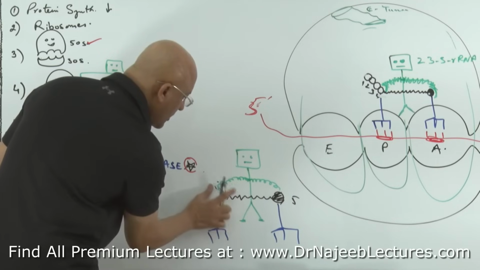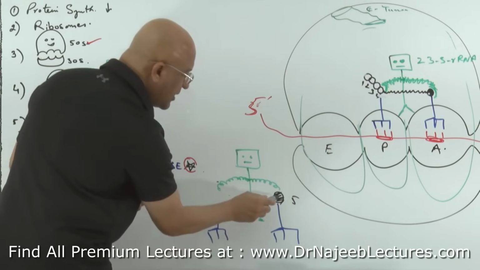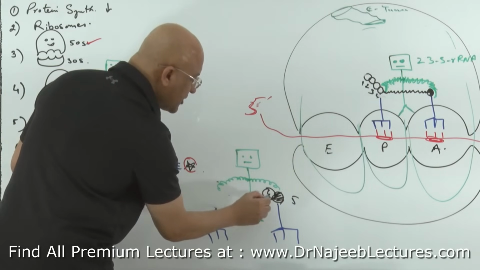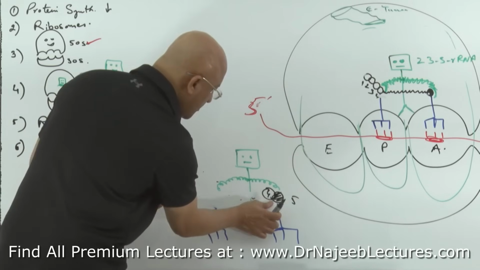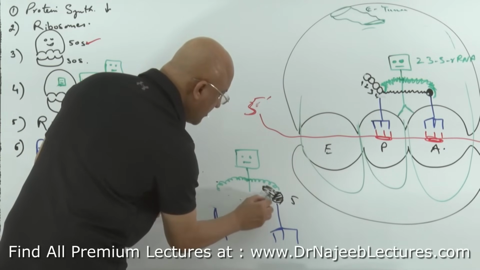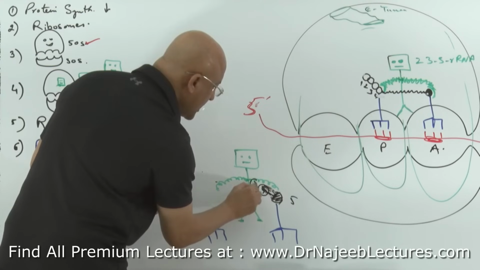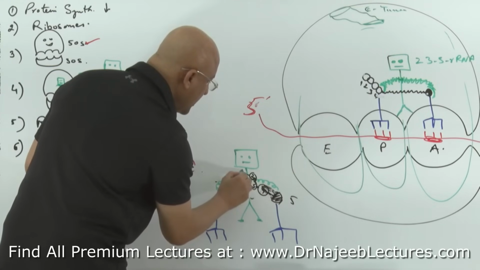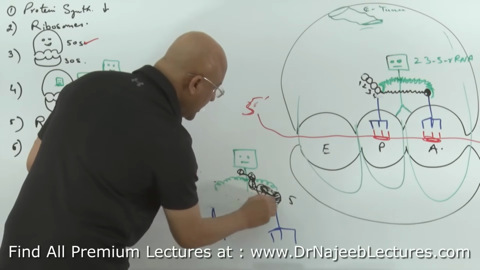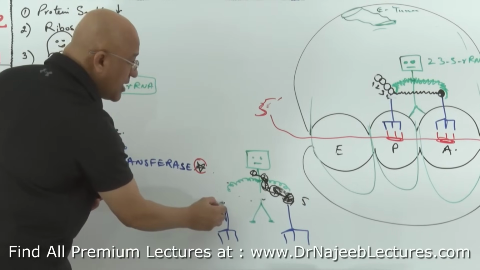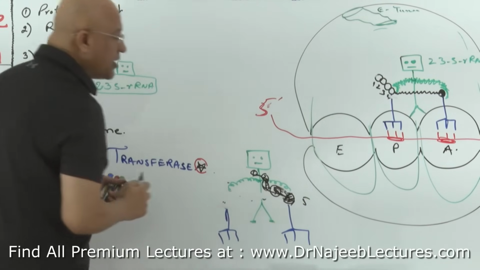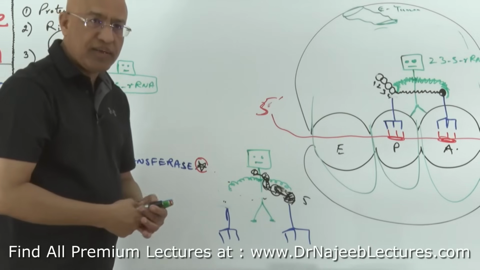So the second work is, now number 4 amino acid is here. I will again make it more clear. There is a bond between them. There is a bond, then number 4, then bond, then number 3, then suppose number 2, then number 1. Now this chain from here has been transferred to the new amino acid.